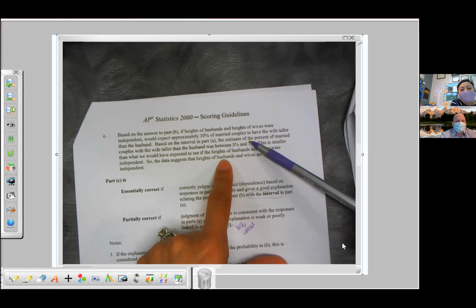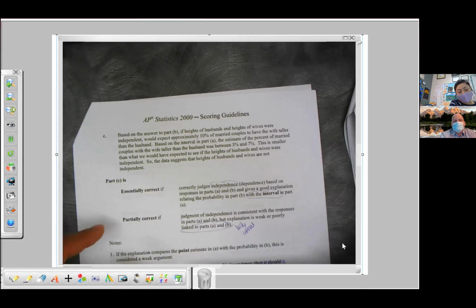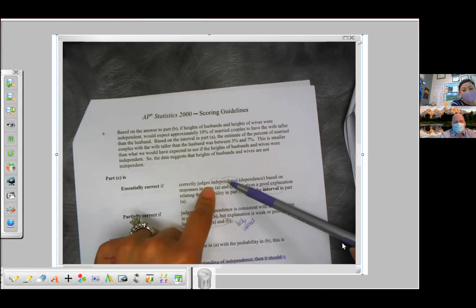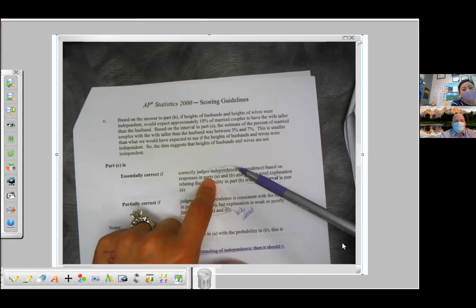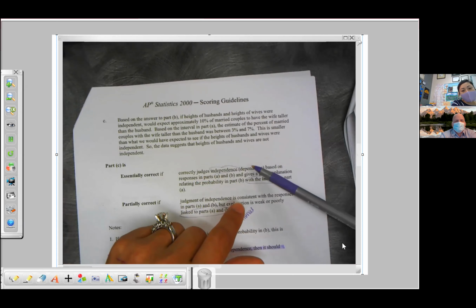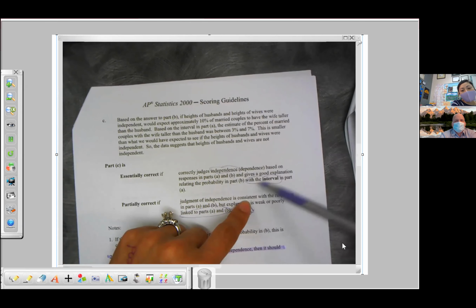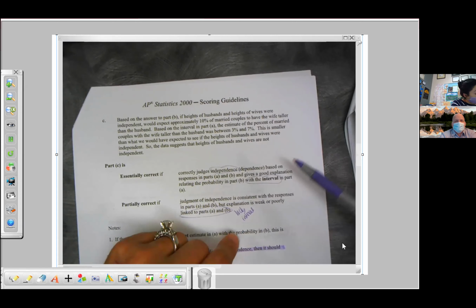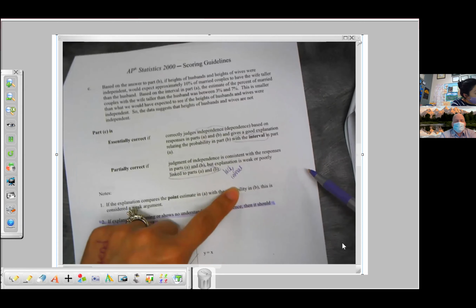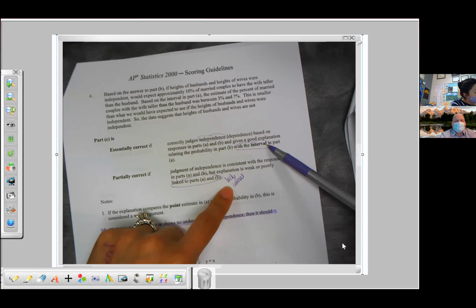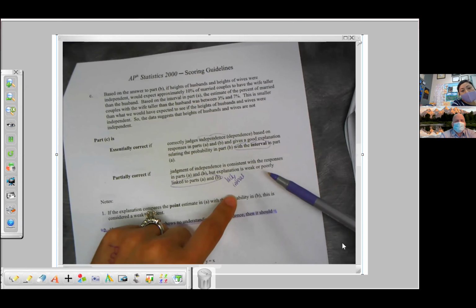If for some reason you got a different number in part B, but the judgment that you make follows correct logic, you can still get part C essentially correct, as long as you didn't make a logic mistake here. If you did not use that interval, they consider that a weak argument and you don't get credit.